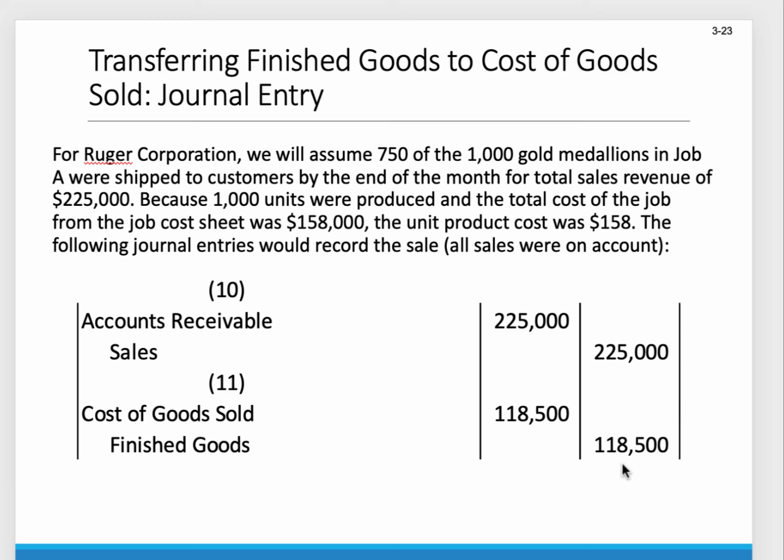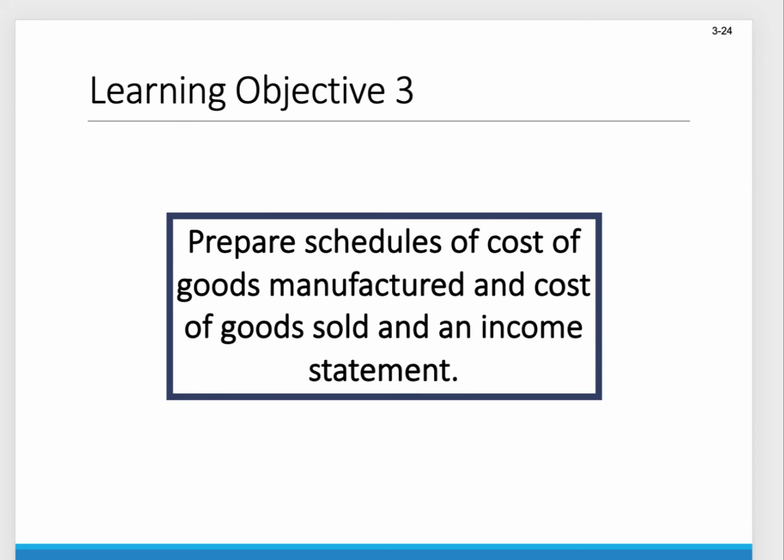It's obviously the amount that we sold, and we're transferring it, so to speak, to our cost of goods sold account, which is a debit. Cost of goods sold is an expense. We increase expenses with a debit. Okay, so there was a lot here. There was a lot to take in. Okay, when we come back, we're going to look at the schedule of cost of goods manufactured and the cost of goods sold on the income statement.